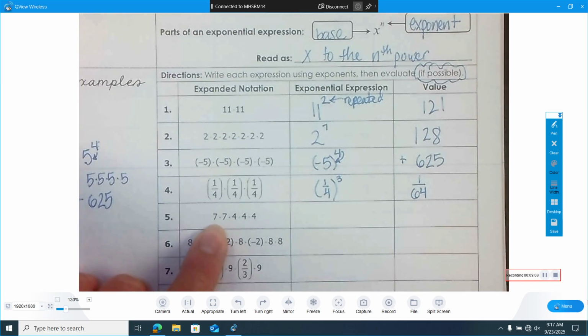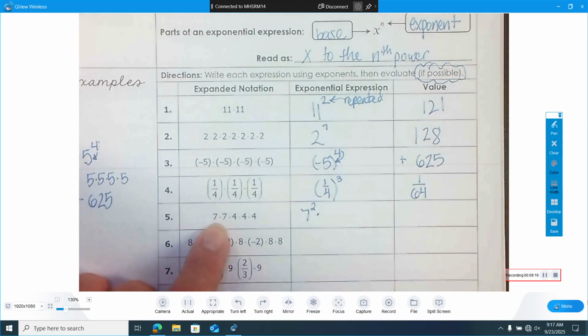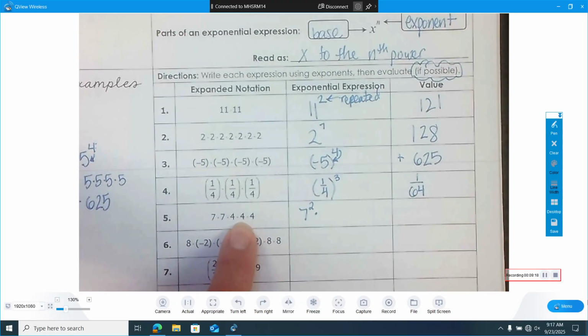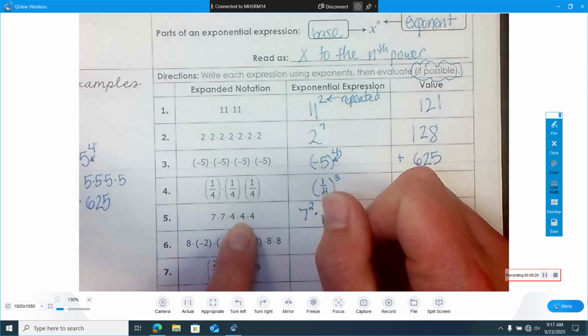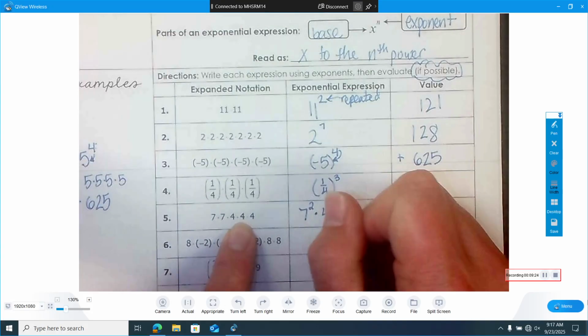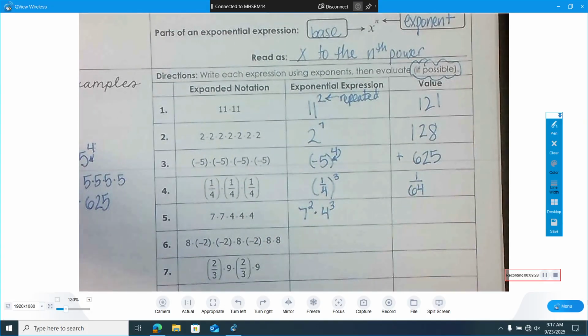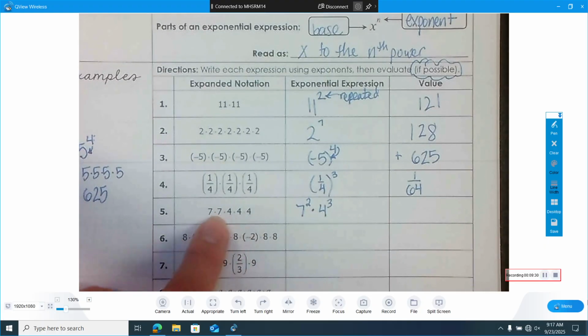Number 5. Let's condense this. I have a base of 7 repeated how many times? 7 repeated 2 times. And then I also have a base of 4. How many times is the 4 being repeated? 3 times. Good. So we can condense that instead of having it all expanded.